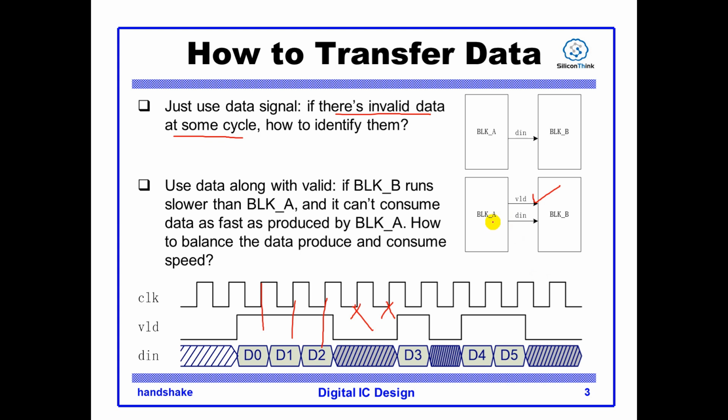Then you can see, for data transfer from block A to block B, usually you have to use at least two signals, one valid signal along with the data signal.